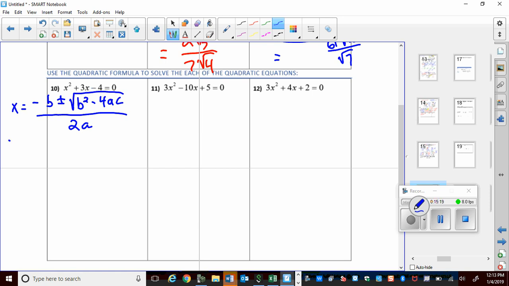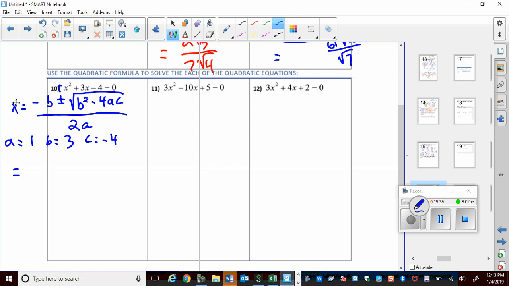So first we need to figure out what a is, b, and c. And just make sure that it's in standard form. Make sure all the terms are on one side of the equal sign. So a in this problem is 1, b is 3, c is negative 4. So I'm going to plug these numbers in.